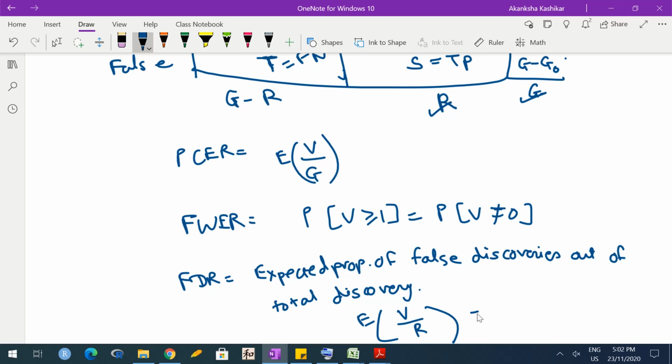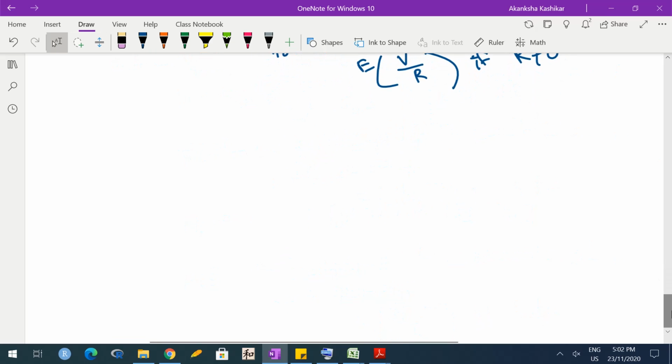So it is defined as expectation of V by R if R is not equal to 0, and it is defined as 0 if R is 0. Okay, this is your definition of FDR. Because if there are no rejections, then of course there are no false rejections also.